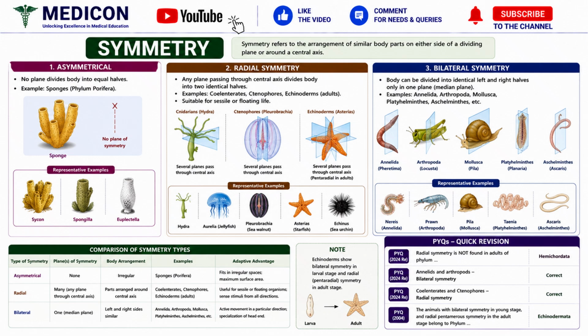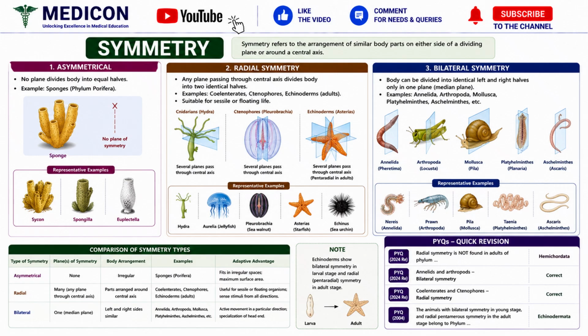Next is radial symmetry. The word itself explains it at some level. In radial symmetry, any plane passing through the central axis divides the body into two identical halves. Examples are coelenterates, ctenophores and echinoderms (adults especially), suitable for sessile or floating life.